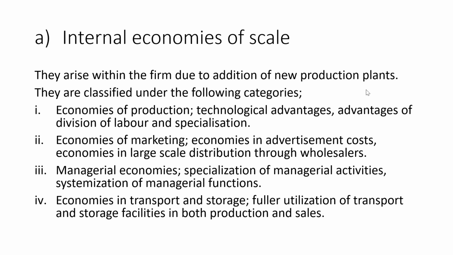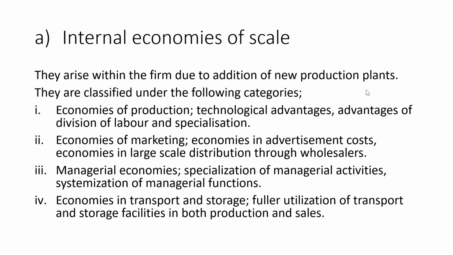Under the economies of marketing, we have economies in advertisement costs. When the farm is increasing its scale of production, output increases, but the costs of advertisement do not increase as much as the increase in output. So you find that there are reduced costs of production based on the output which is increasing, and thereby we have the economies of scale.